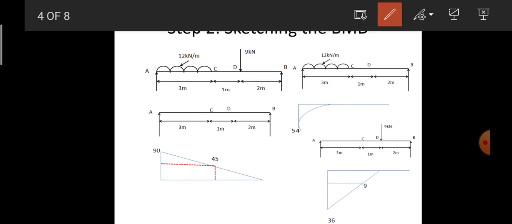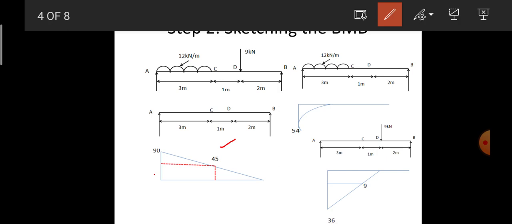So here at C, we have VB into 3, which is acting in the anti-clockwise direction, hence it is considered positive and drawn above the baseline.